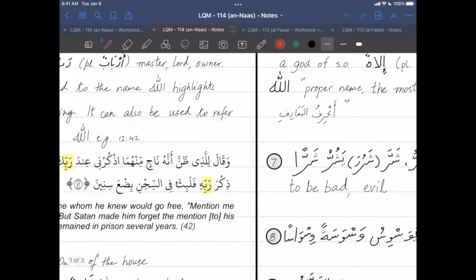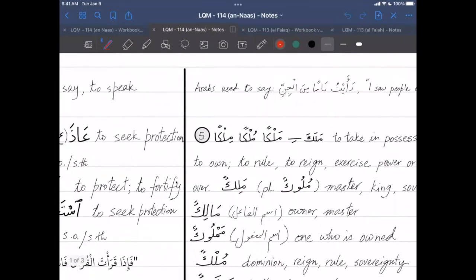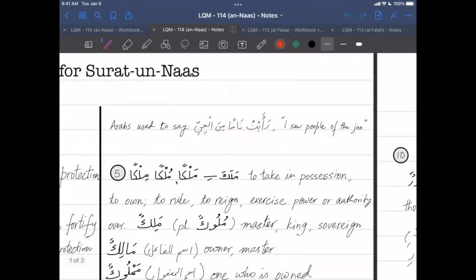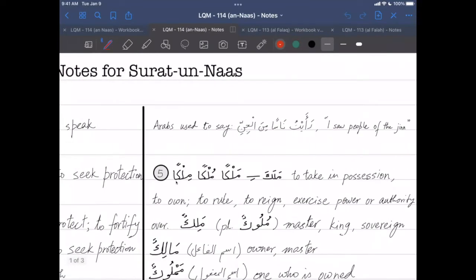One of the examples given in one of the dictionaries is that Arabs used to say, "Ra'aytu na'san min al jinni." I saw people of the jinn, which shows that Arabs do consider the word nas to refer to jinn as well. But again, predominantly the usage is for people, mankind.